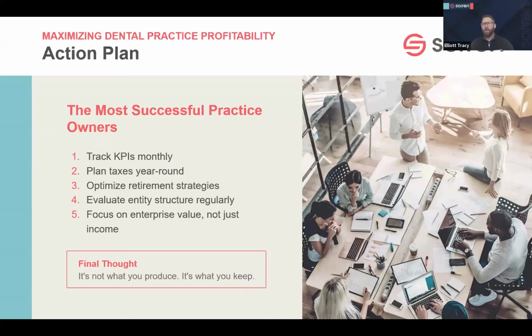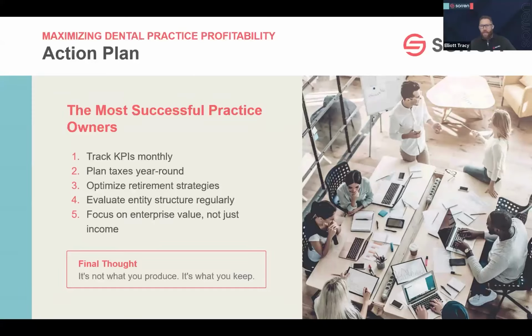They're at least having that conversation to know, what should I be prepared for, and what decisions can I make now to be more tax efficient? Third, optimize retirement strategy. So 401k, safe harbor, cash balance plan, potentially, right? But at least profit sharing, having the right idea of what my compensation needs to be so that I can maximize my potential for retirement plan savings.